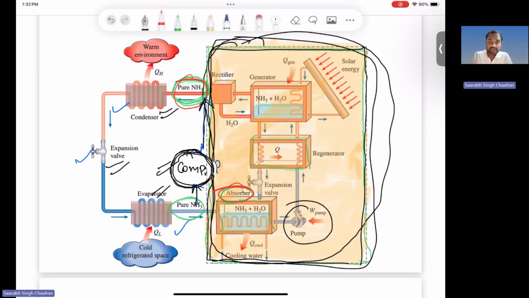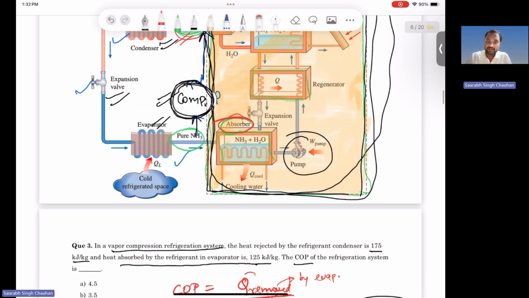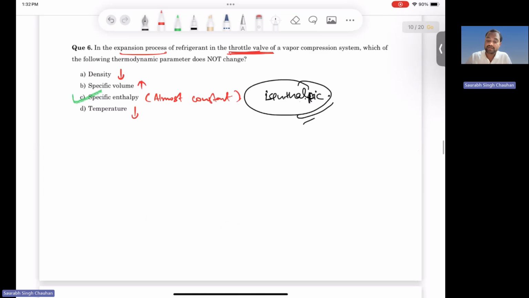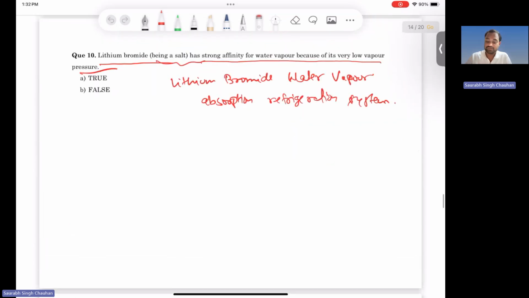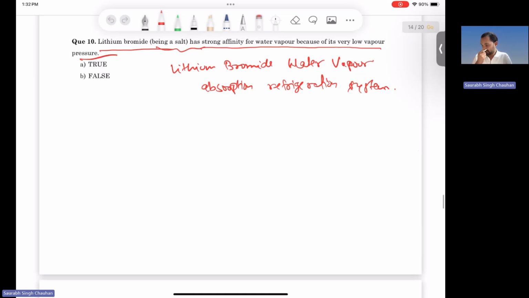The lithium bromide is used to absorb the water vapor, and the water vapor is used as refrigerant. In the ammonia system, ammonia is used as refrigerant and water is used for absorption. In the lithium bromide system, water vapor is used as refrigerant and lithium bromide is used for absorption.